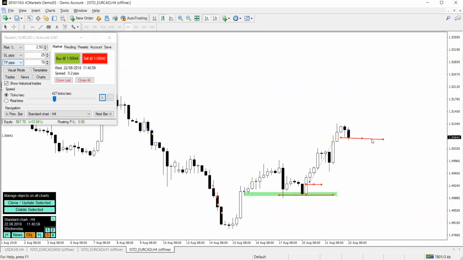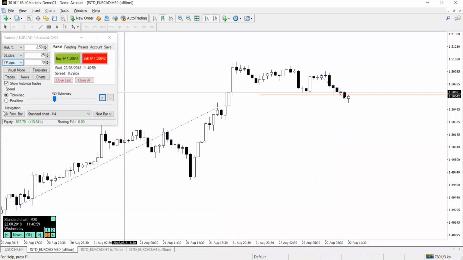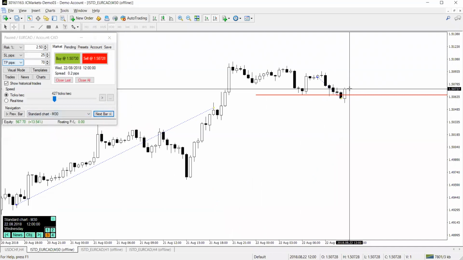And this is the wick. This is the new 4-hour candle open. And I just need one more 30-minute into structure.